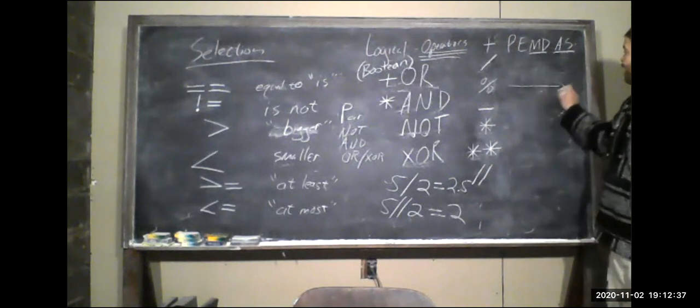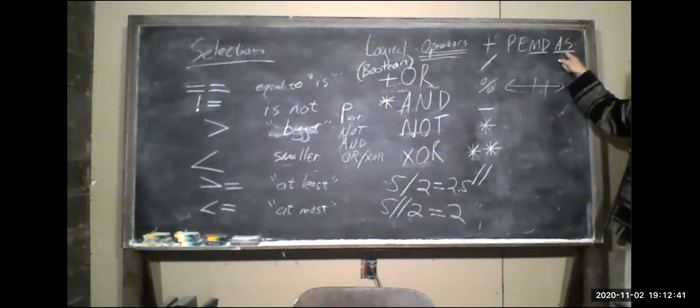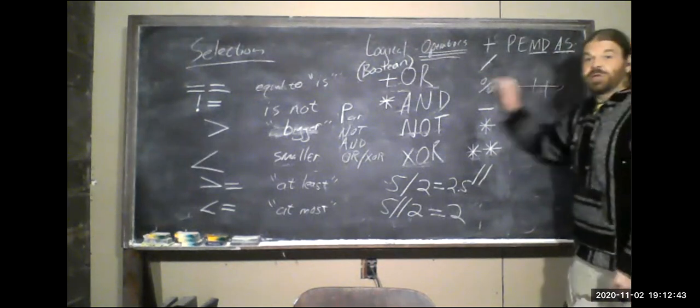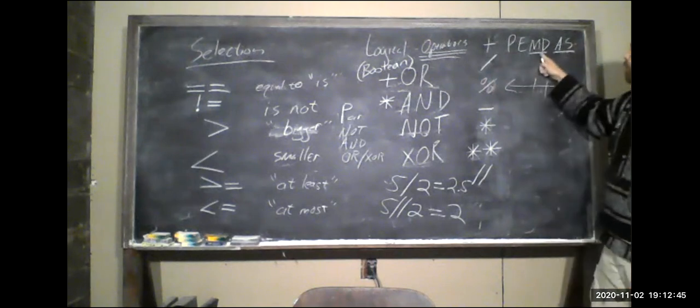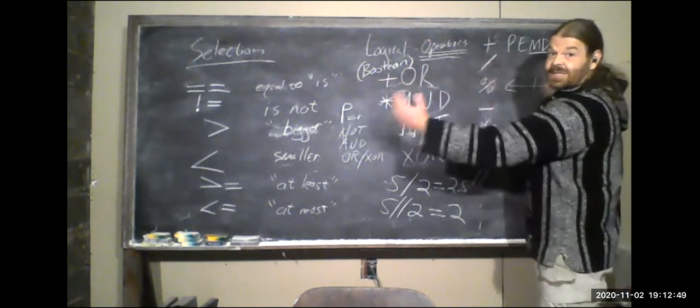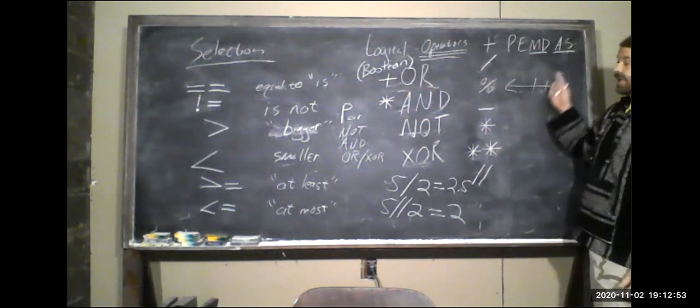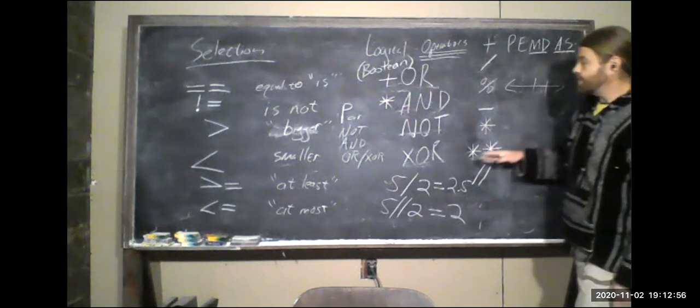On a number line, I'll go ahead and draw this. If we add and subtract, we're just moving back and forth on that number line. But when we multiply and divide, we're scaling, like stretching and shrinking the number line. It's like we're changing the size of it.